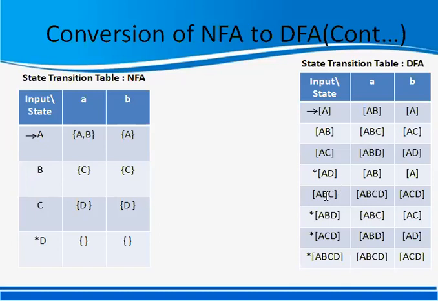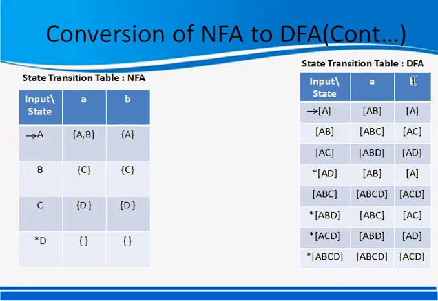So first we will see transitions on ABC. On input small a, we will take the union of ABC. So it will give ABCD. So we have written here ABCD.